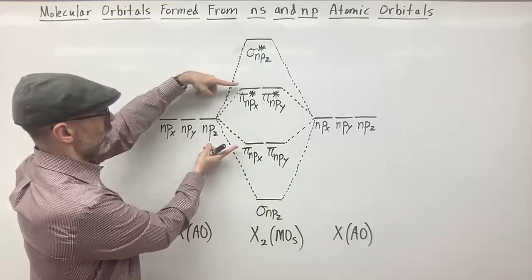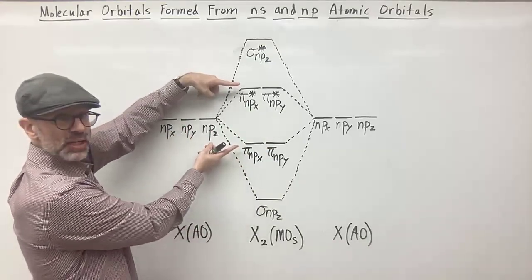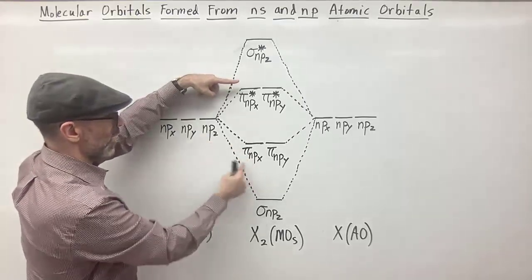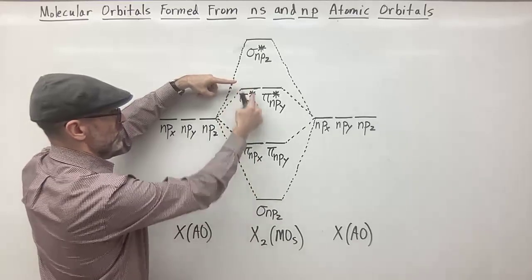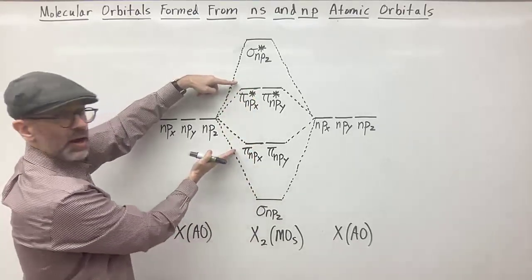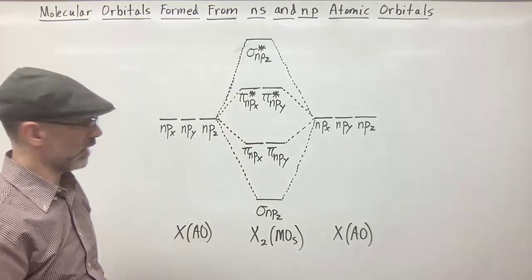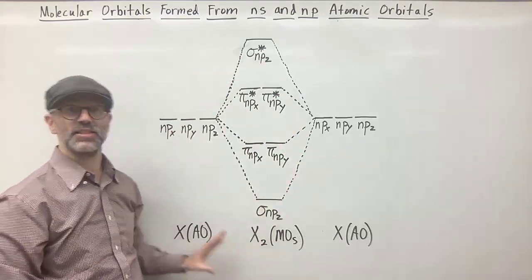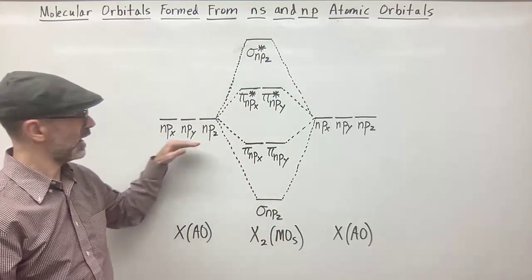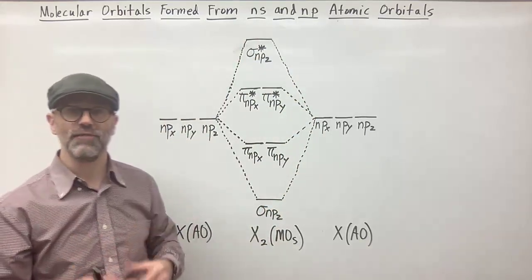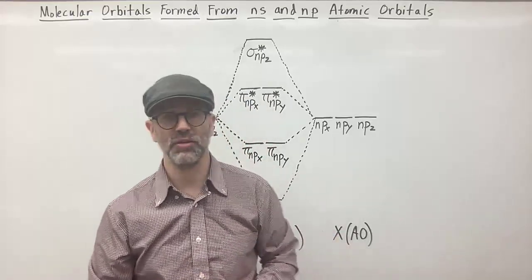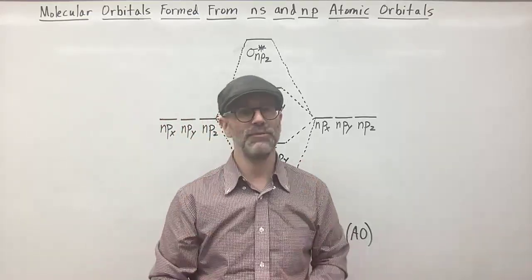And so the difference in energy between your pi 2px and your pi 2px star orbitals is not as large. And so that's our orbital diagram for the 2p orbitals that are involved in the formation of molecular orbitals. And that's it for this video.